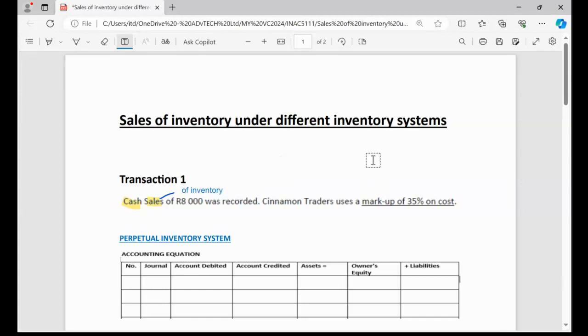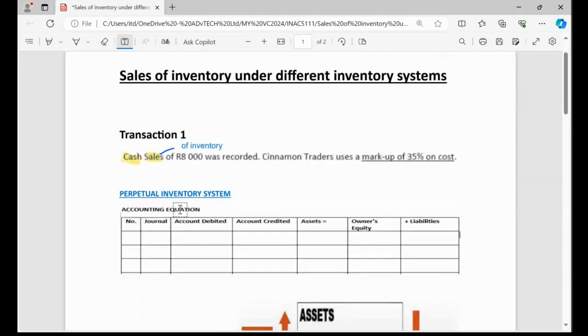So immediately when you are under perpetual, because the first thing that I'm going to show you is perpetual, if you see yourself selling inventory, it doesn't matter whether you sold for cash or credit, just know that you must expect to have four accounts.